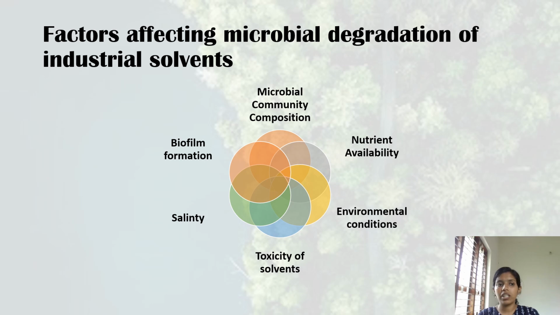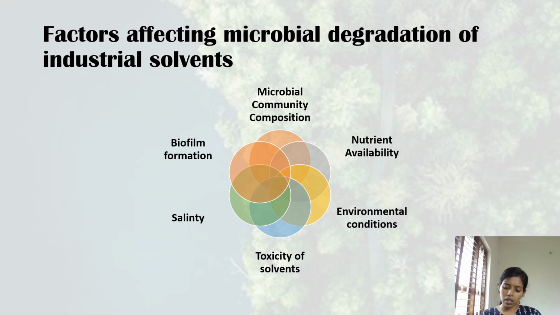Also the bioaugmentation potential: whether the community has organisms that have the ability to degrade the industrial solvent. These would affect the degradation of the industrial solvents. Next is nutrient availability.